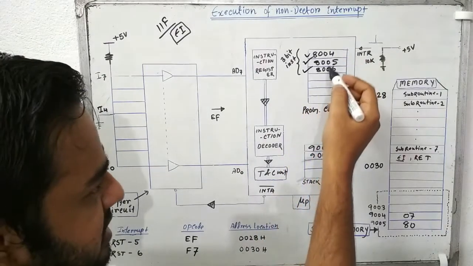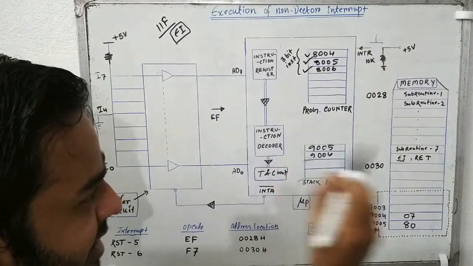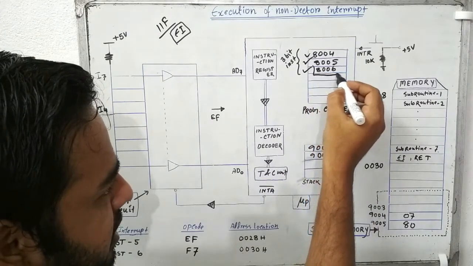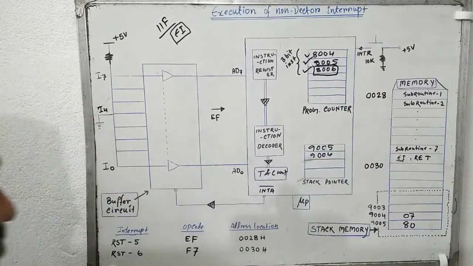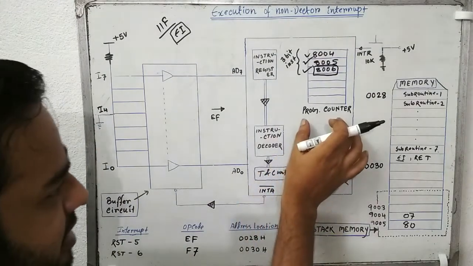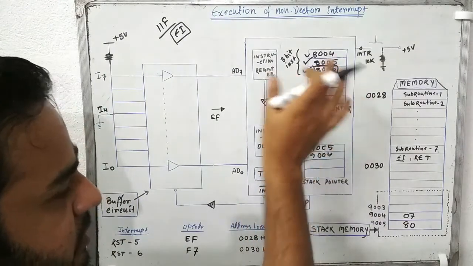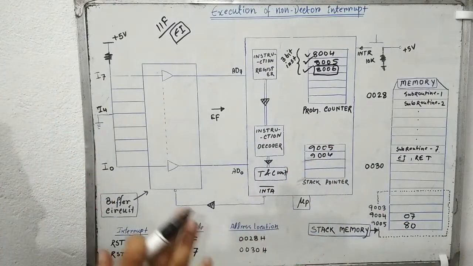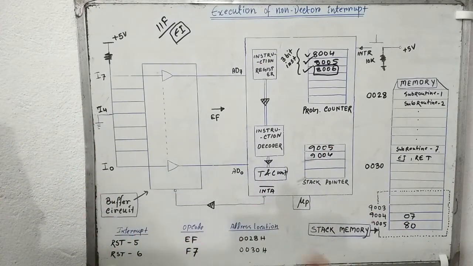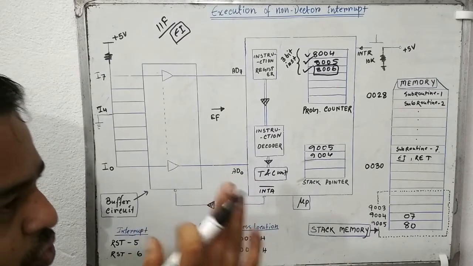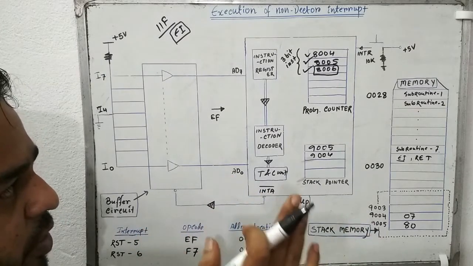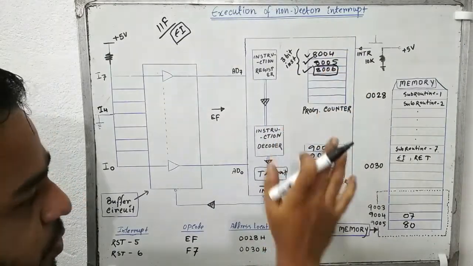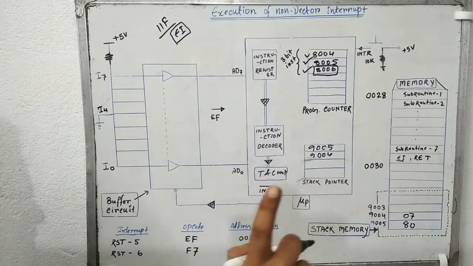So it will first complete the current instruction, and the program counter will hold this particular address. It will stop all the execution of the main program. This is the main program execution, so it will stop there. This is the first thing that will happen.